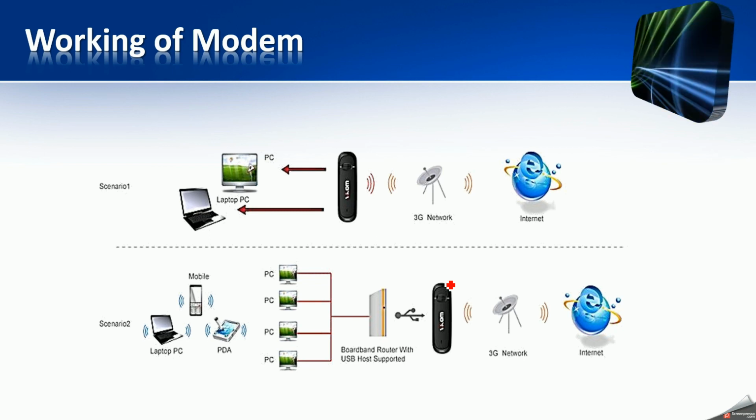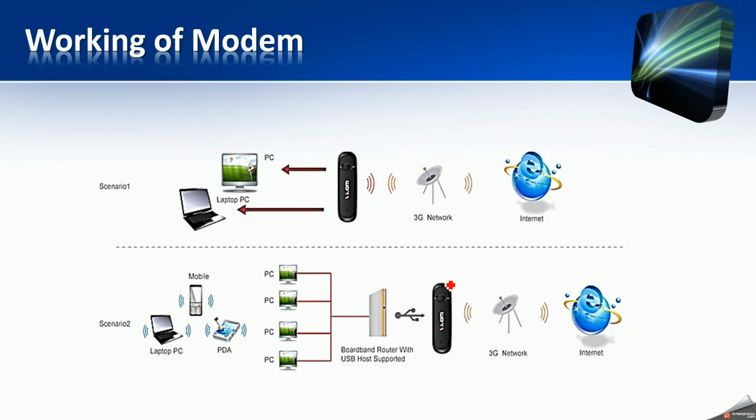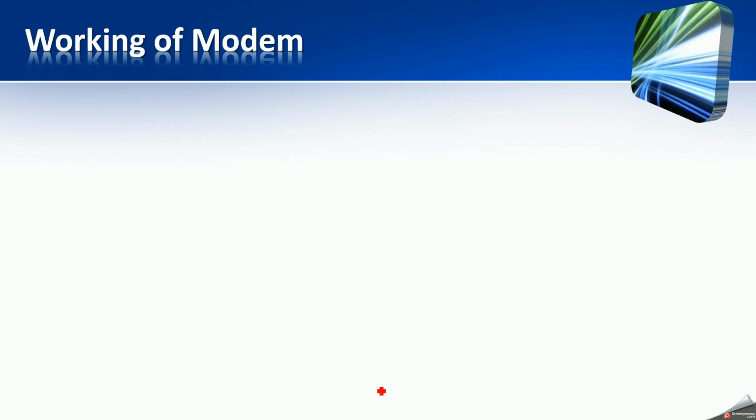And those telephone lines, when I'm talking about it, are basically your landlines, so it's coming through your landline. So there is a different network for your cellular phone and a different network for your landline phone. So this way you can connect your devices.